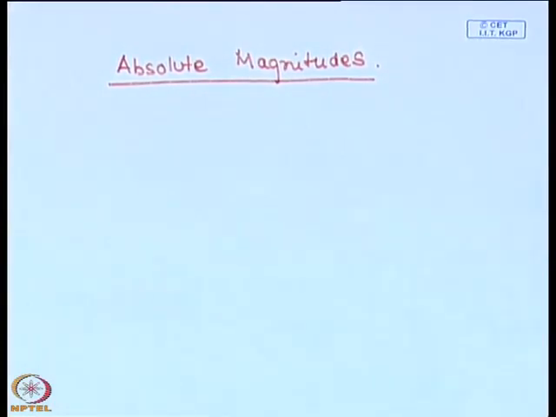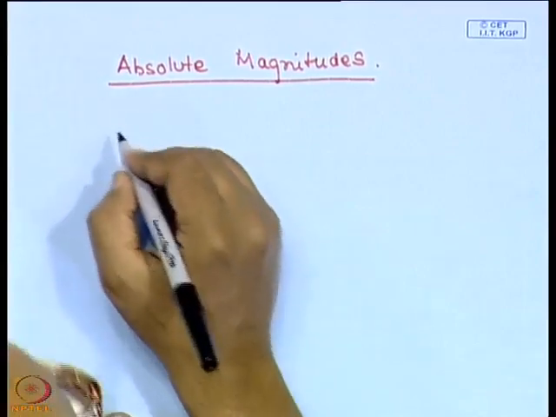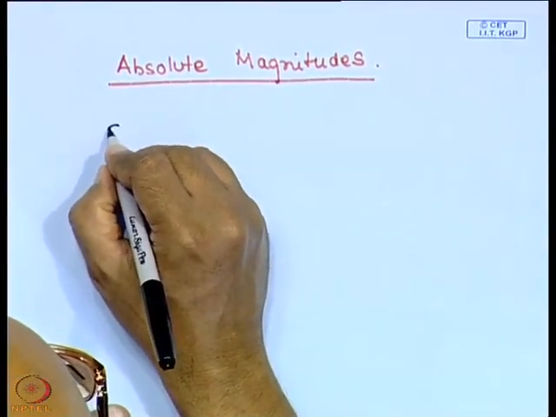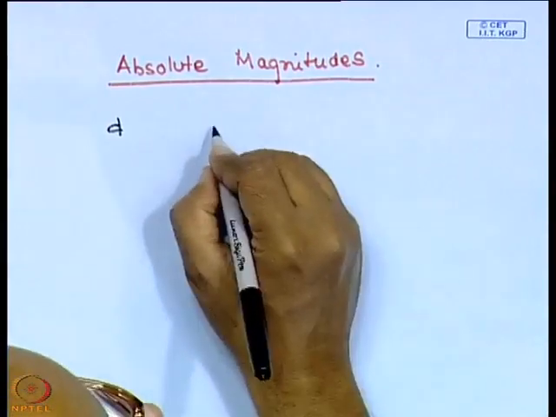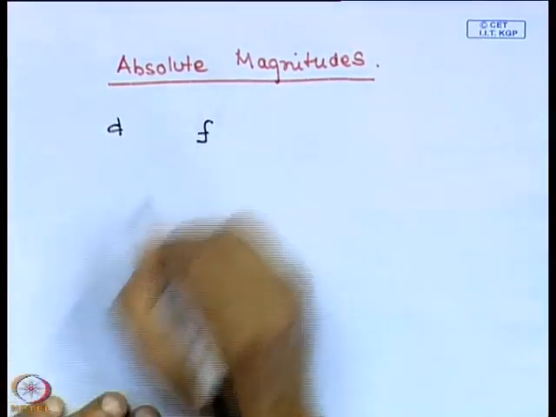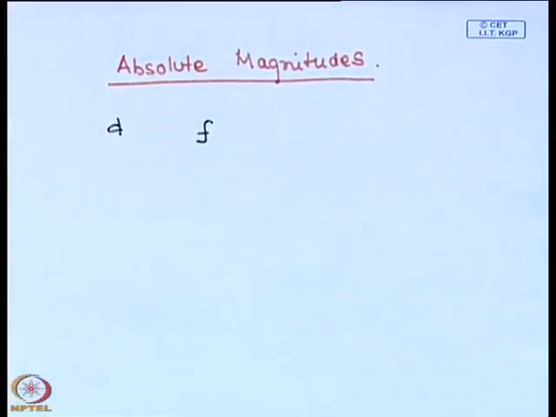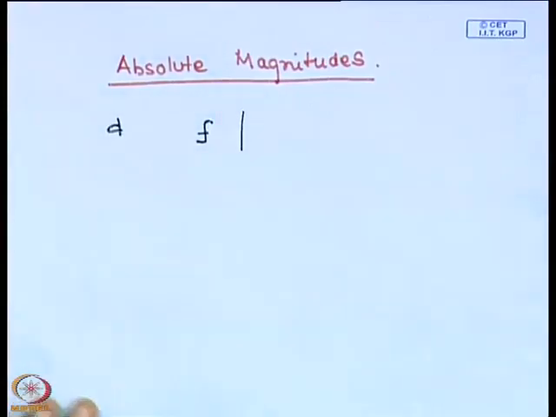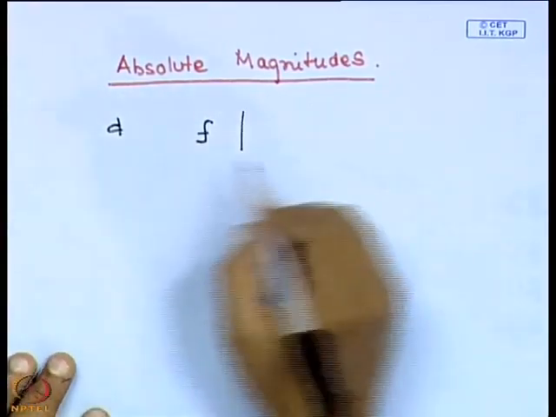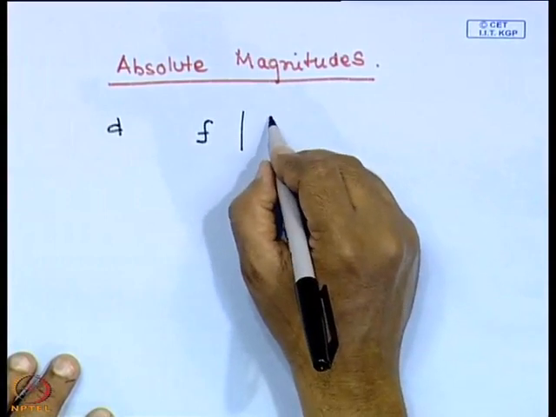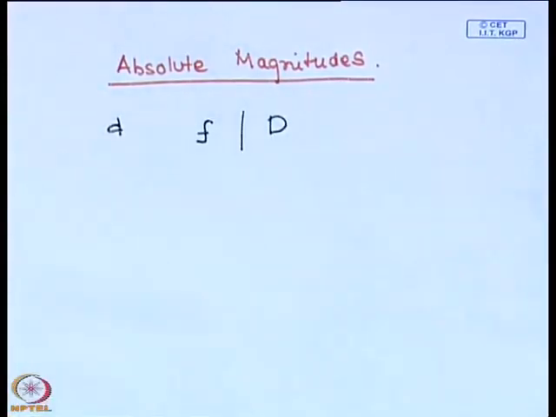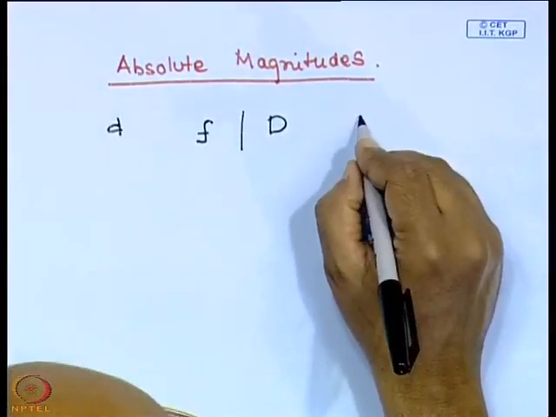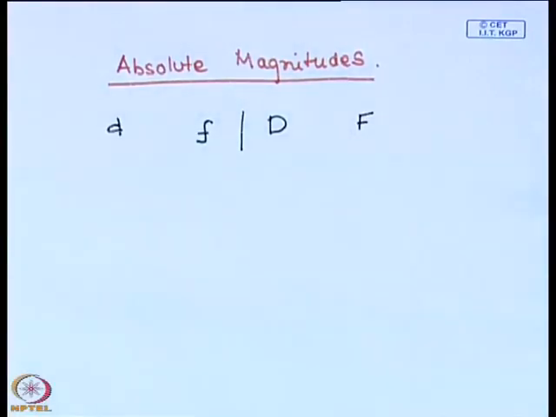So, let us consider a source at a distance d and from which we are measuring a flux f. Let us now ask the question that if the same source were placed at a distance capital D, what would be the flux F?